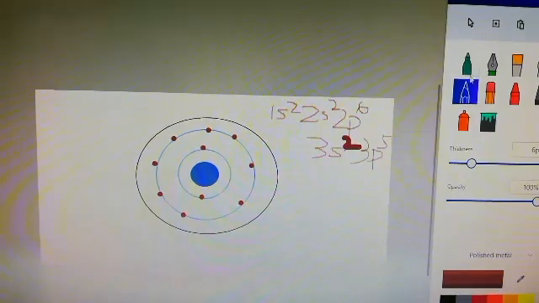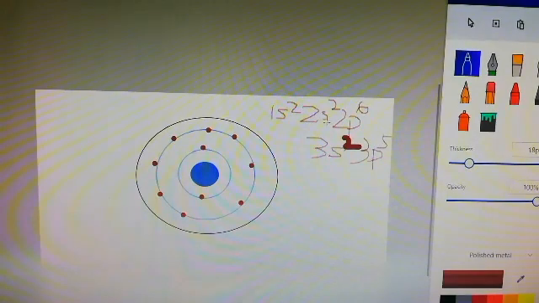So, pag isusulat naman natin siya sa ating orbitals, 1s2, 2s2, sa third shell, meron siyang 7. 1, 2, 3, 4, 5, 6, 7. So, hindi niya na-meet yung octet rule na dapat 8.